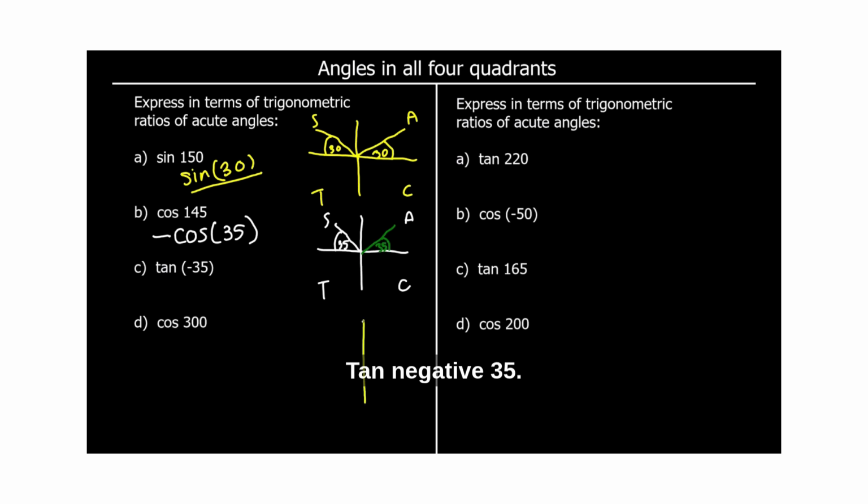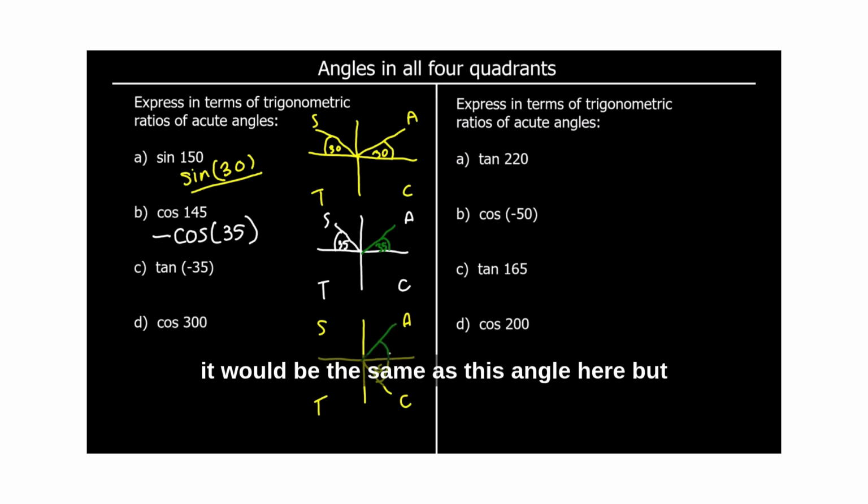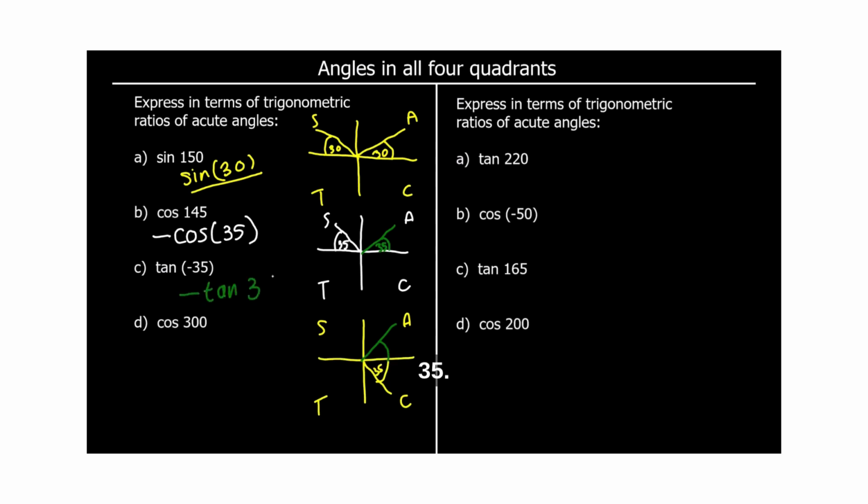Tan negative 35. So tan is negative here. So it would be the same as this angle here, but negative. So it's the same as negative tan 35.